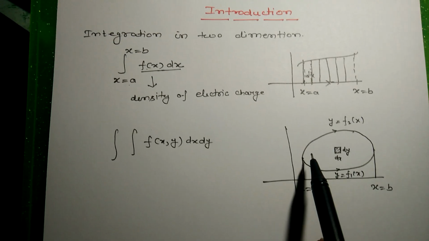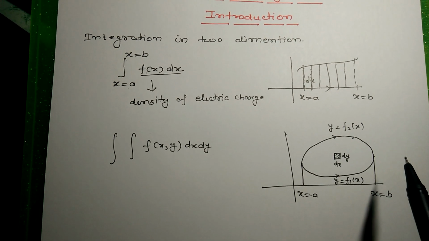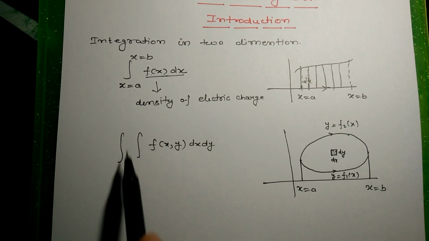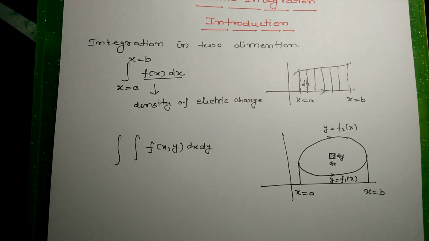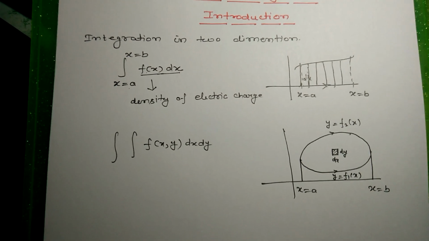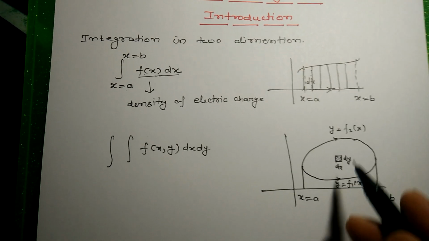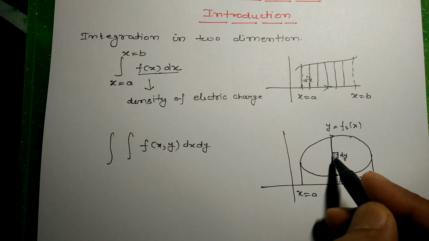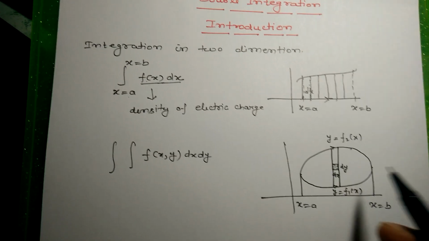Now can I integrate this over the region of this elliptical part to find out how much total electric charge is present on this plate? That's what double integration does. Now how to go about it? When I'm trying to do double integration, we take a vertical strip or a horizontal strip.